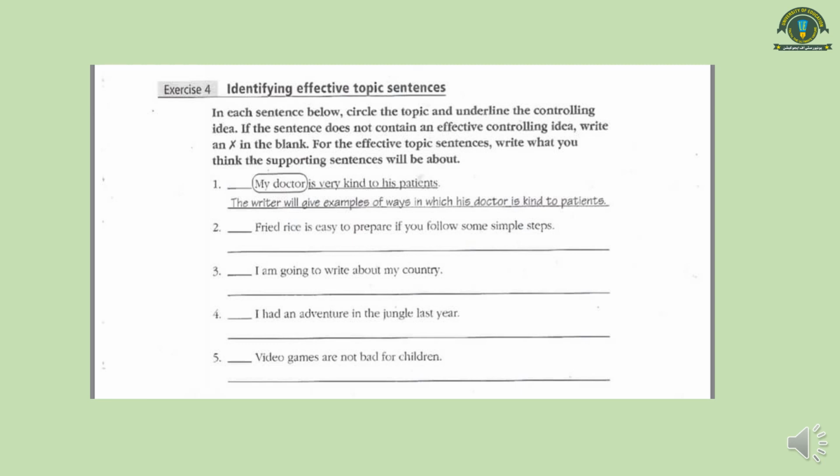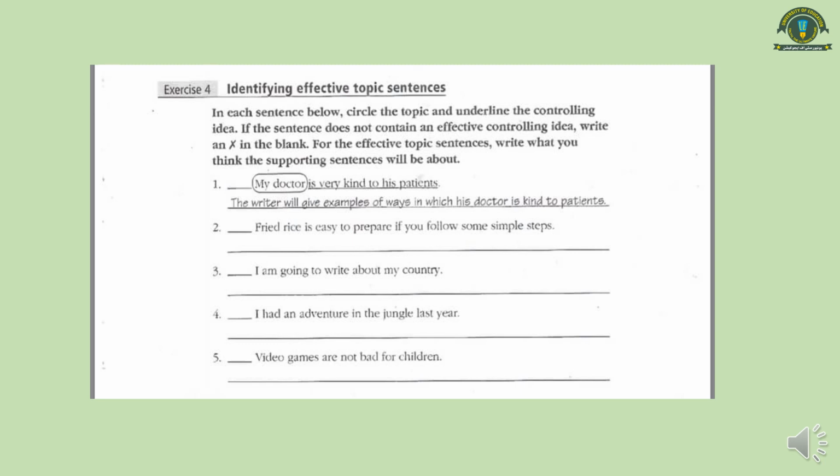So the writer will give examples of ways in which the doctor is kind to his patients. What you can do now is write a paragraph on this, about how a doctor is caring towards a patient, and then similarly you can fill in the rest of the 4 paragraphs.